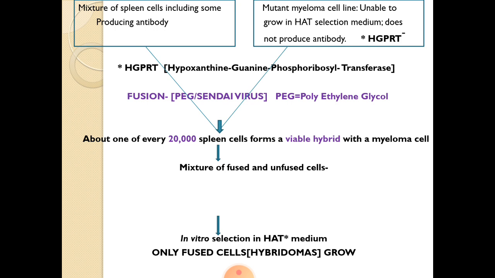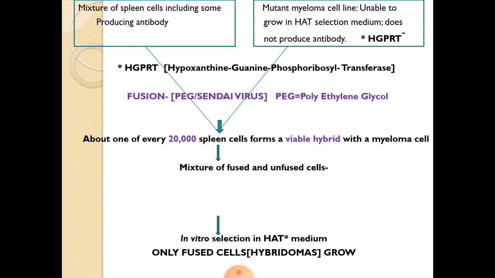Then the spleen cells and these mutant myeloma cells are fused in presence of PEG, that is polyethylene glycol. Normally 10% PEG is used, or instead of PEG, Sendai virus can be given.